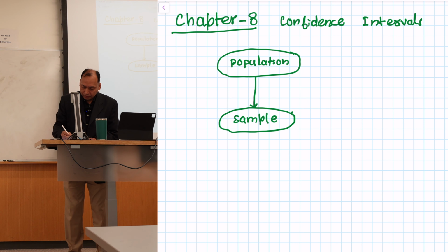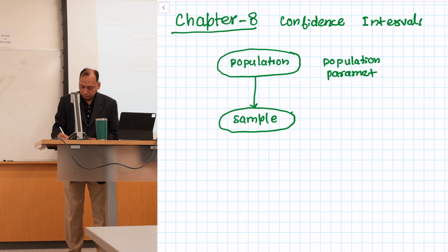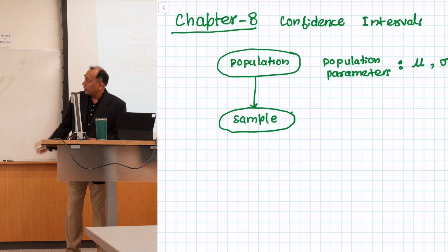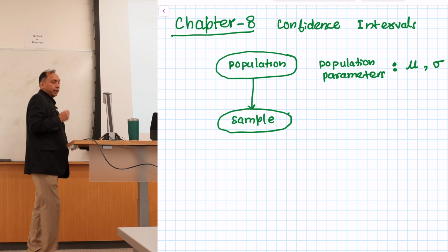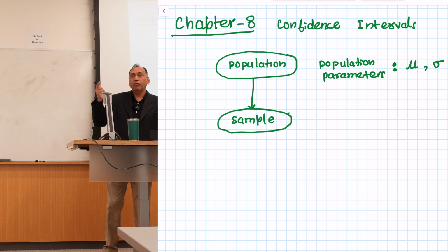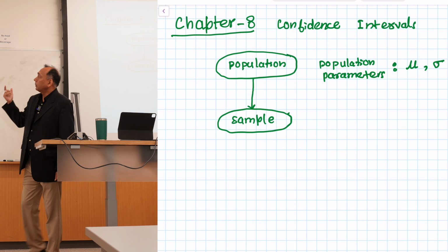So in the population, you have population parameters of interest, something like mu, sigma, the mean and standard deviation of the population. We represent population parameters with Greek alphabets usually, like mu, sigma.